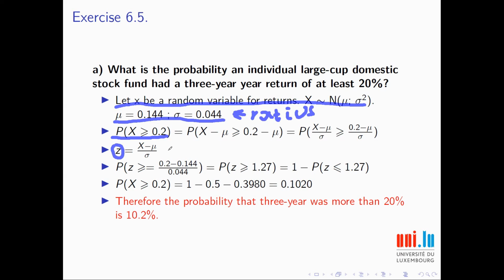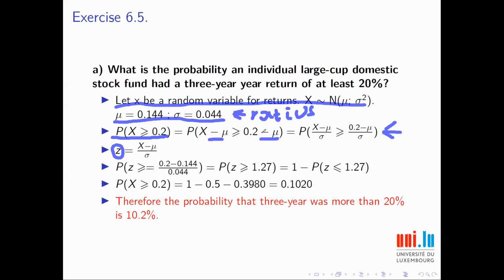So here is how we do it. First step, we subtract the mean from both sides, and as you remember from math, it doesn't change the sign of our inequality. So you can easily do it.